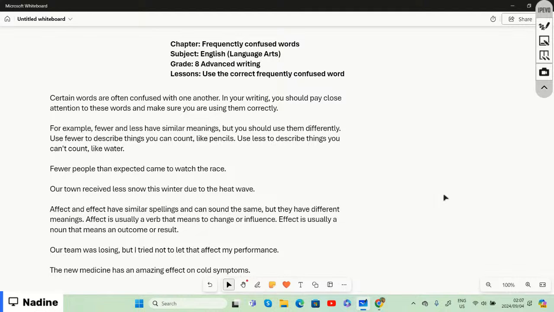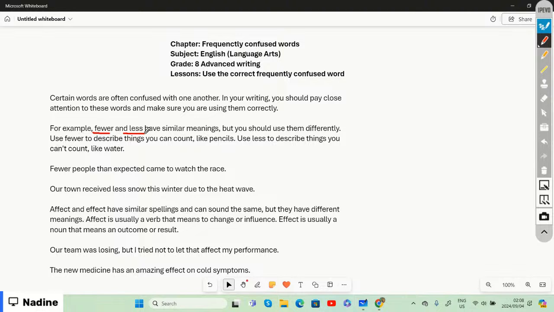All right. And if we look at a few examples of frequently confused words, or certain words that may often be confused with another word, let's say, for example, words like fewer and words like less. If you look at the words fewer and less, they of course have similar meanings, right?